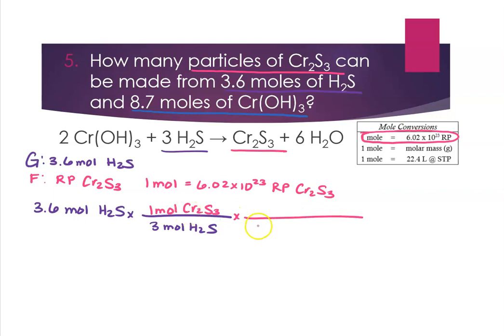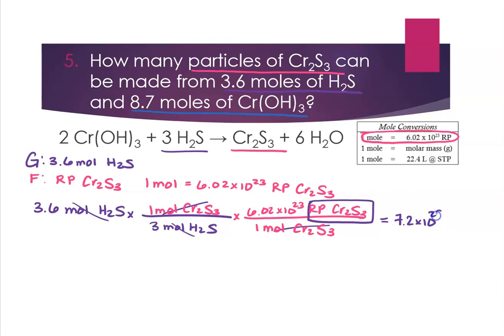And then I need to convert moles into particles, so I'll do 1 mole Cr2S3 on the bottom, and 6.02 times 10 to the 23rd RPs Cr2S3 on top. All right, so moles H2S cancel with moles, moles Cr2S3 cancel with moles, and I'm left with RPs of Cr2S3. And when we do this math, I get 7.2 times 10 to the 23rd RPs Cr2S3 from H2S.